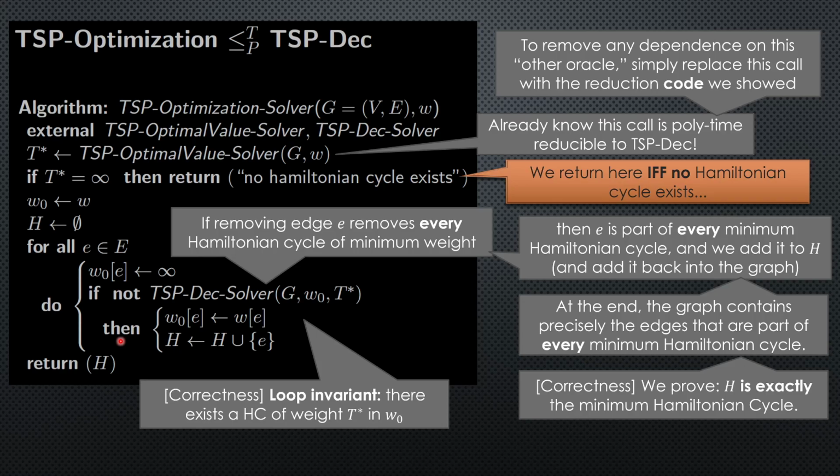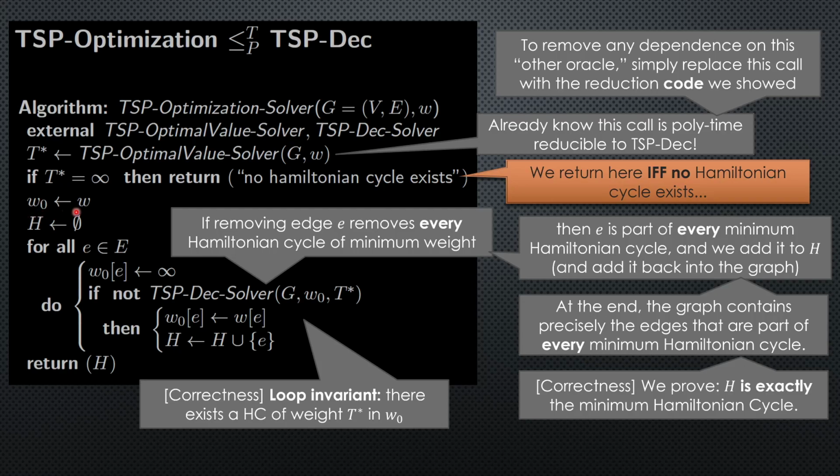Okay, so let's argue that. So first of all, that loop invariant is true before we enter the loop, right? Because if we get past this line where we would return no Hamiltonian cycle exists, we get past here because T star is finite, and the fact that TSP optimal value returned a finite number T star means there is a Hamiltonian cycle in the original graph with total weight T star.